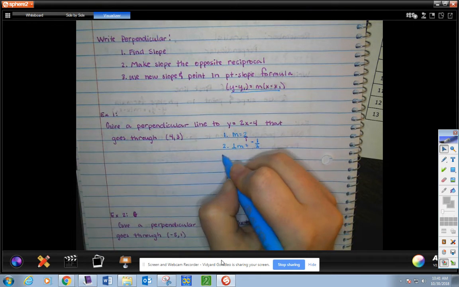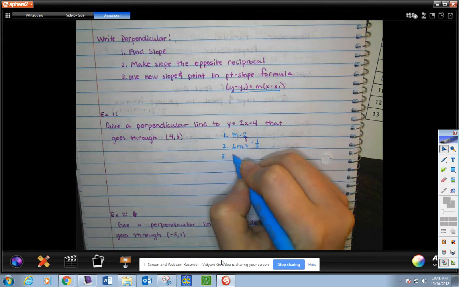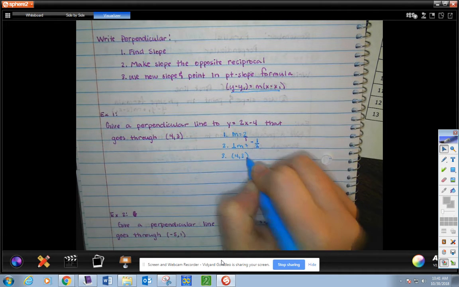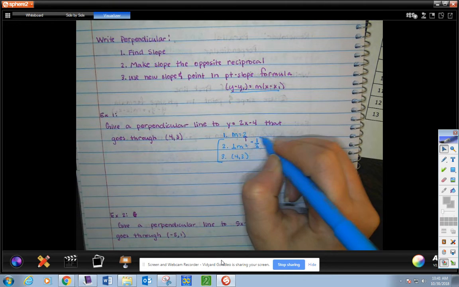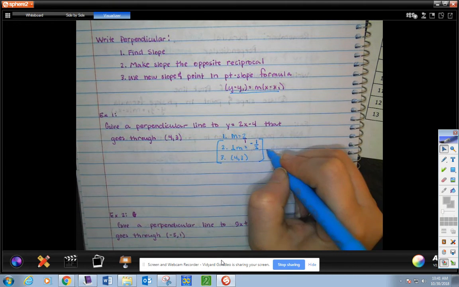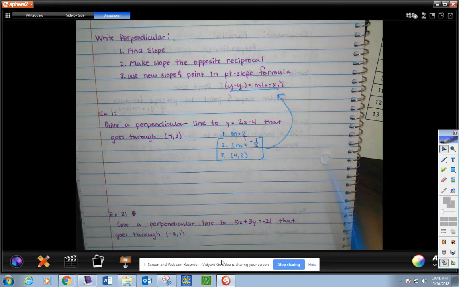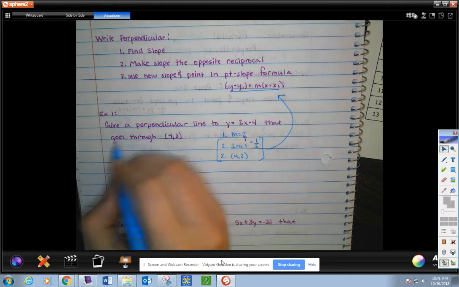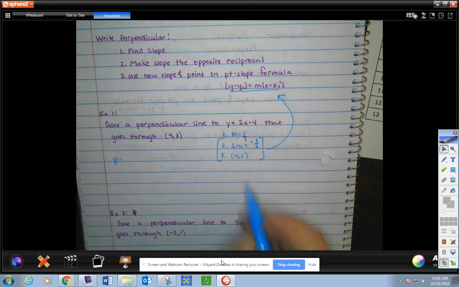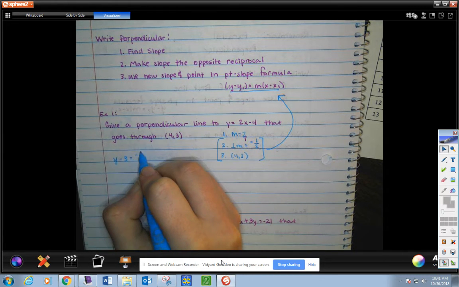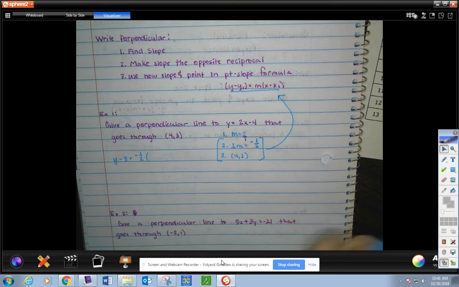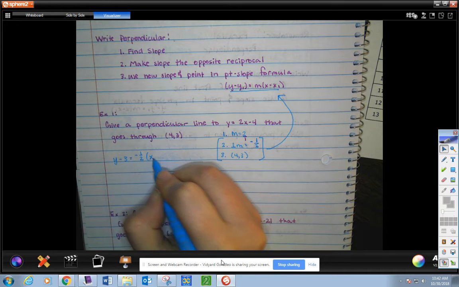Okay, and then step 3, use the point that they gave you, 4, 3, and plug into this formula. So I'm going to put a little bracket around 4 and 3 because those are the things that I plug into that formula. So we're going to do y minus, and the y in the point is 3, equals the slope I must use, which is the perpendicular slope, so negative 1/2 times x minus 4.